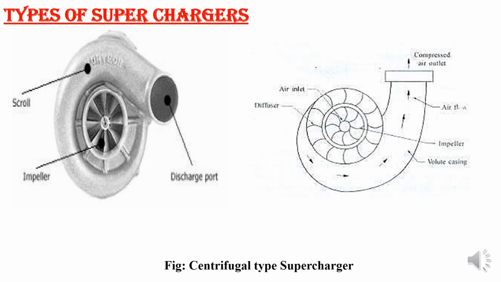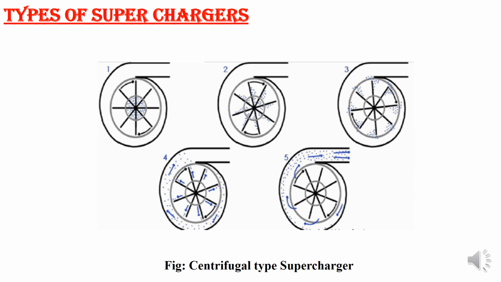Okay, next we will go for the next type of charger, that is nothing but your roots blower. This is how your casing will be there. So the impeller runs, and your charge will be there.